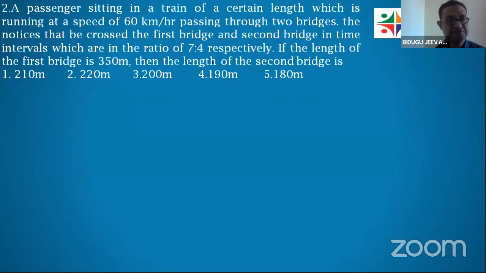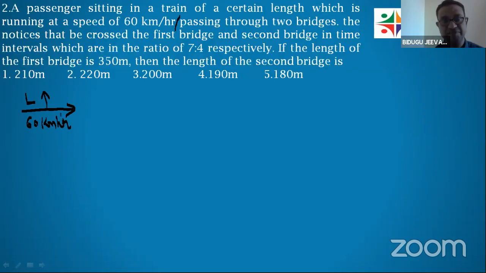All right. A passenger sitting in a train of a certain length, which is running at a speed of 60 km per hour. Let me stop here. Now this is a train. A passenger is sitting in the train, but we don't know the length of the train, but the speed is given, 60 km per hour.